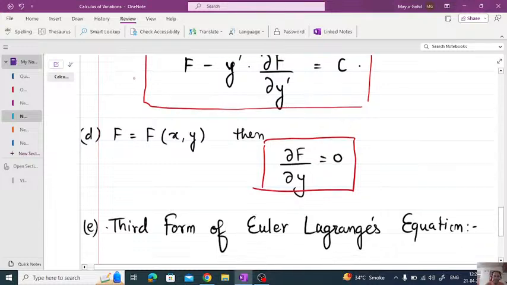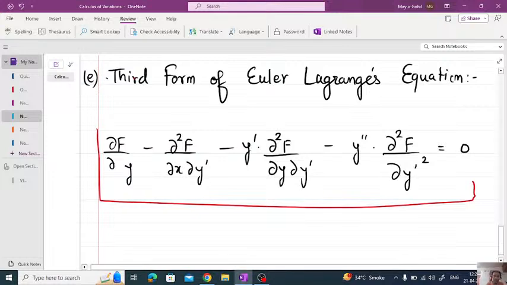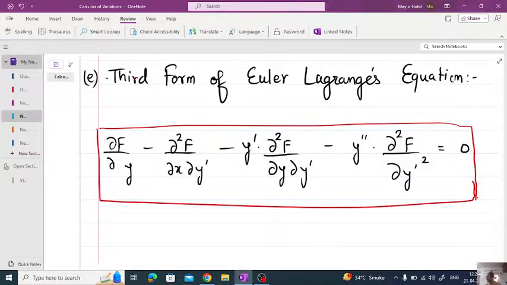Okay, this is what you have and then the last one here. These are the important formulas that you will have.